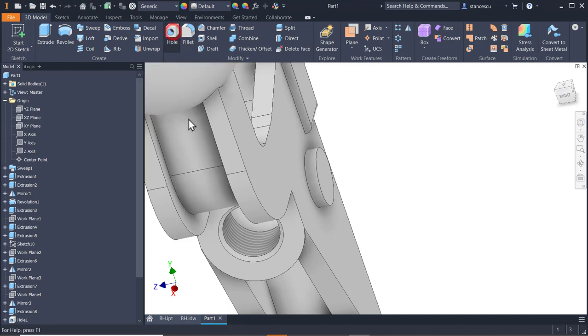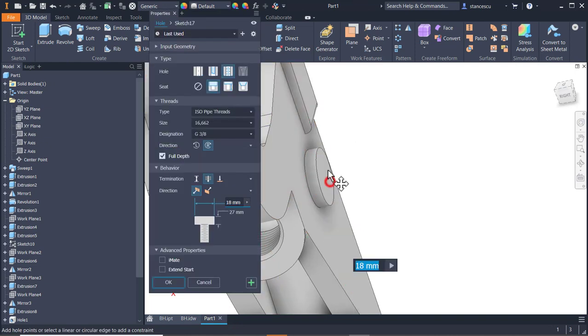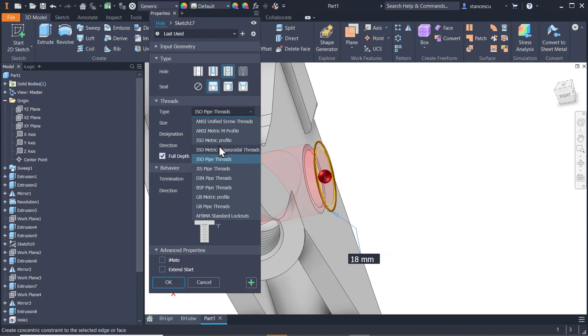Good. This face, this center, counterbore, also. Oh, everything is selected here.